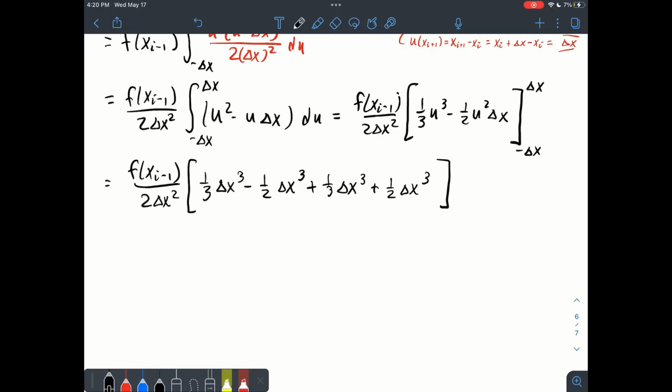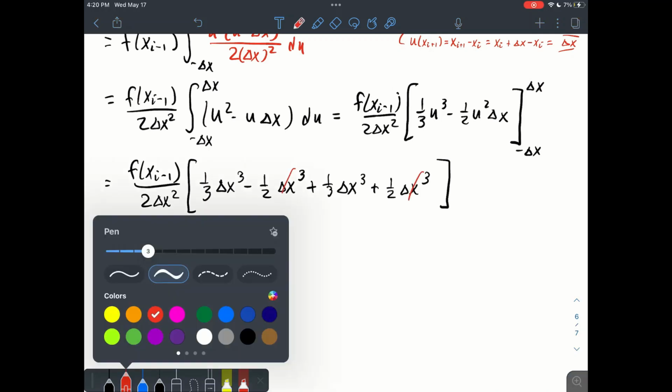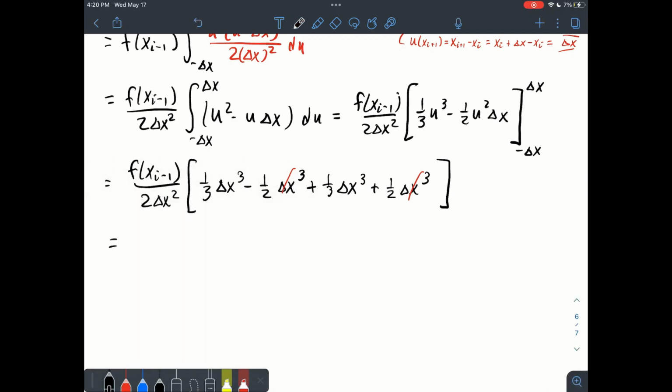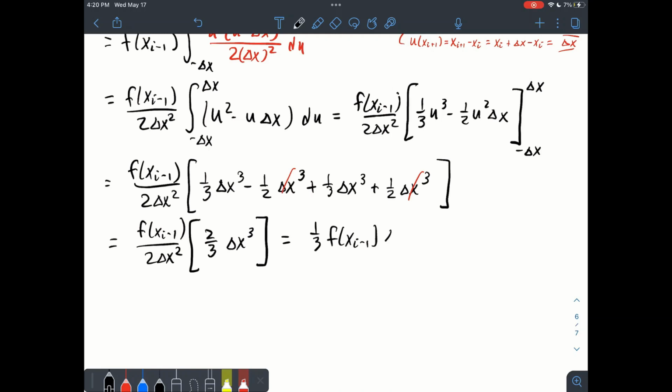Okay, so inside of here these cancel, and we're left with f xi minus 1 over 2 delta x squared times 2/3 delta x cubed, which is equal to, right, 1/3 f xi minus 1 times delta x.